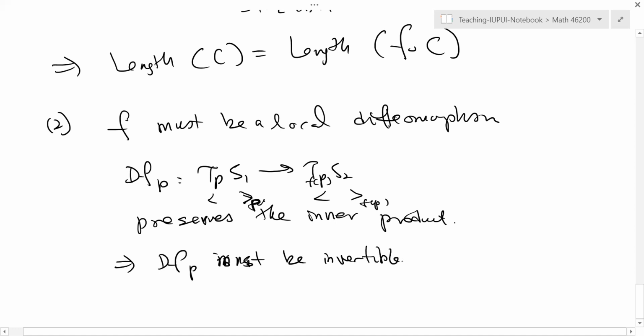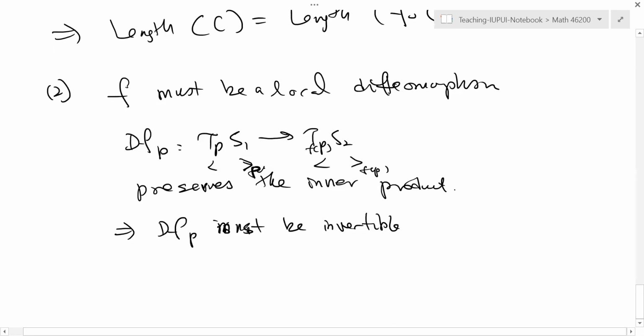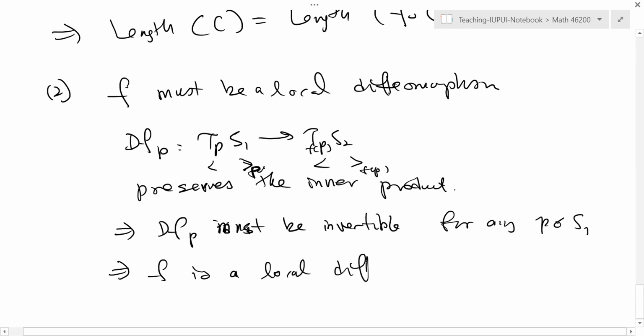Invertible means, by the inverse function theorem, that it is a local diffeomorphism. So DFP is invertible for every point P on S1, and F is a local diffeomorphism.